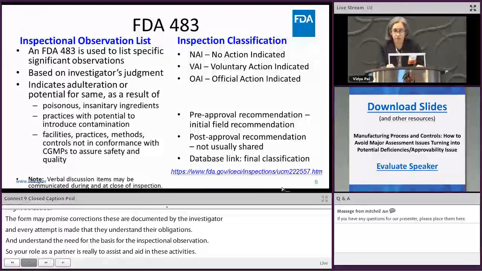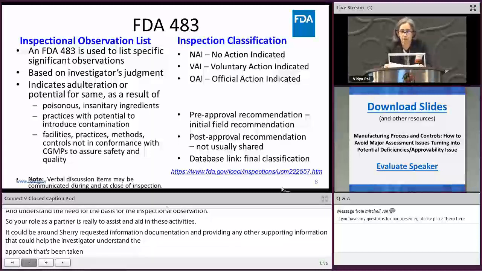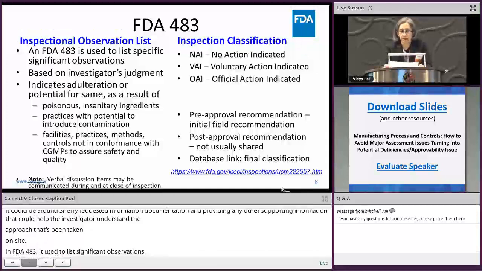Now, an FDA 483 is used to list significant inspectional observations. So it really is a summary of issues that are, in the investigator's judgment, indicating the need for citations.